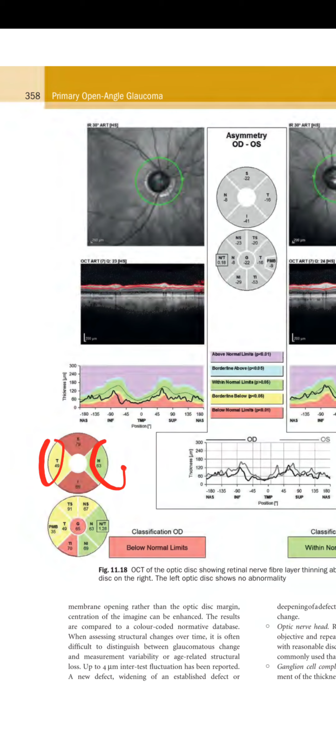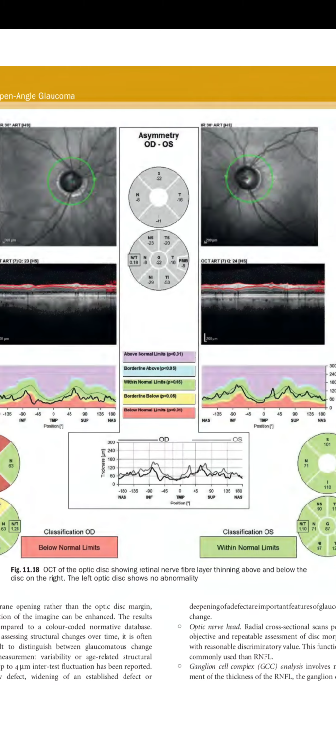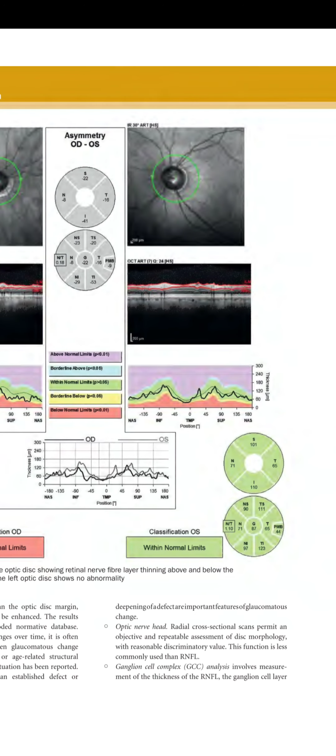The nasal, superior and inferior are below normal, and the temporal area is borderline, whereas this one is normal. It will have further division into the temporal area: supratemporal, temporal, infratemporal. So it is also showing thinning of the layers, and in the case of the left side it is all normal.